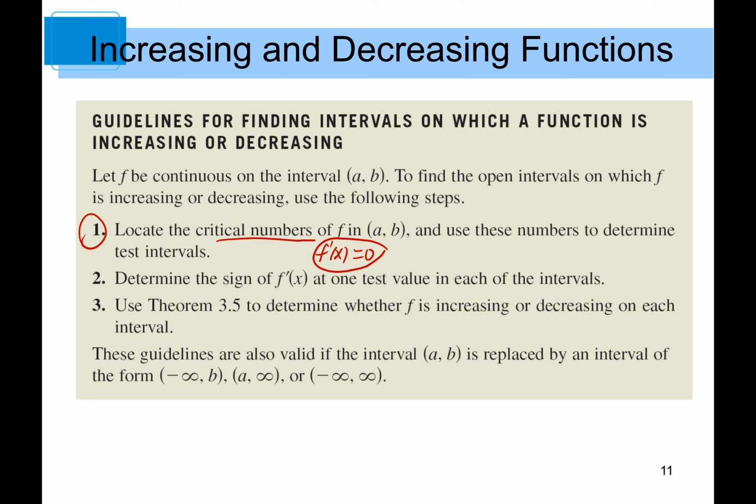Find the critical numbers and use these numbers to determine test intervals. Second step, determine the sign of f prime of x at one test value in each of the intervals. Third, use the theorem to determine whether f is increasing or decreasing on each interval. These guidelines are also valid if the interval (a, b) is replaced by any of the three intervals involving the infinities.